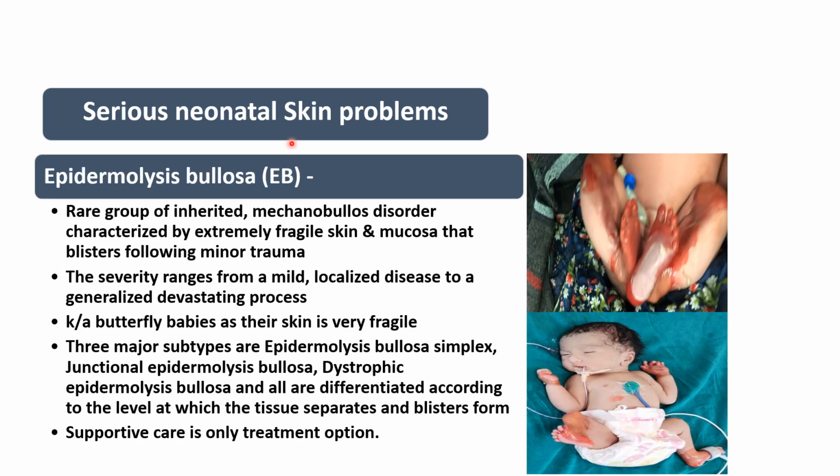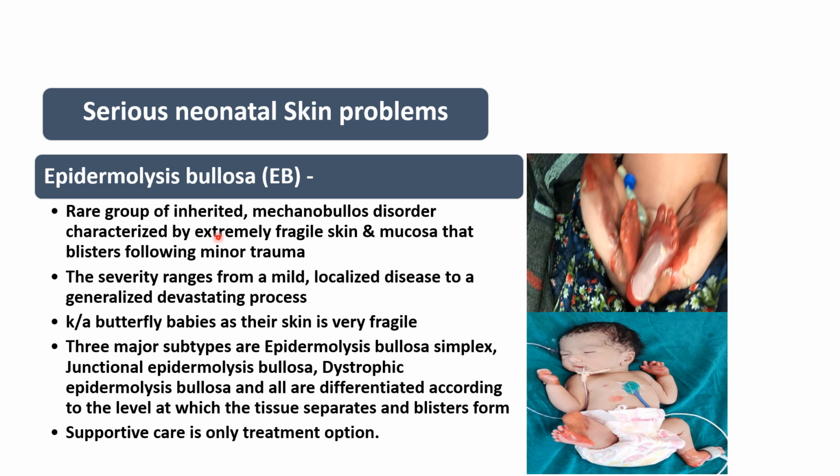Now another serious neonatal skin problem is epidermolysis bullosa. Here in this image you can see the child is having skin lesions, and this is the dystrophic variety of epidermolysis bullosa, and this is junctional epidermolysis bullosa.